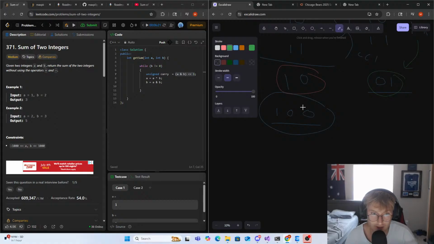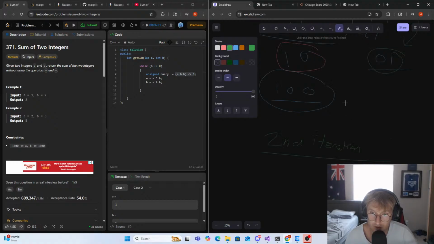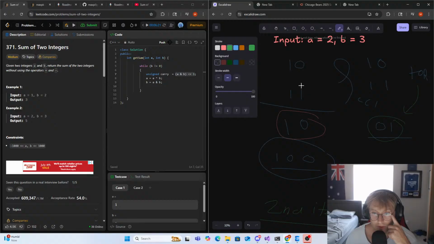So if we were to go through that again, we would calculate our carry here, which would be a second iteration. The second iteration being, we have our carry here, A and B. Shit, I'm confused myself now. This is our AND.